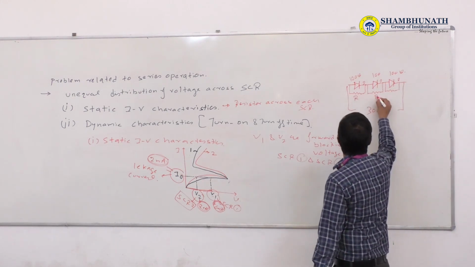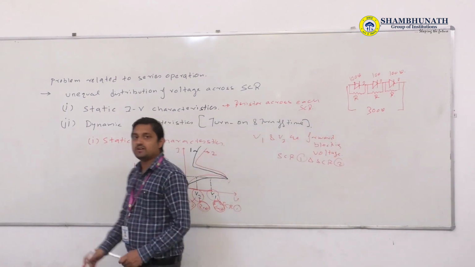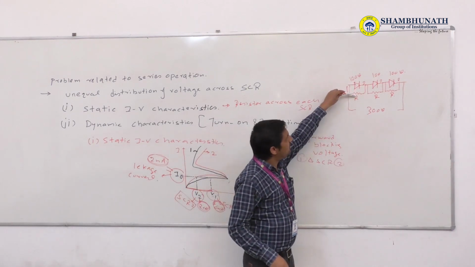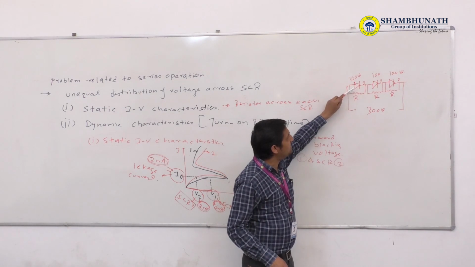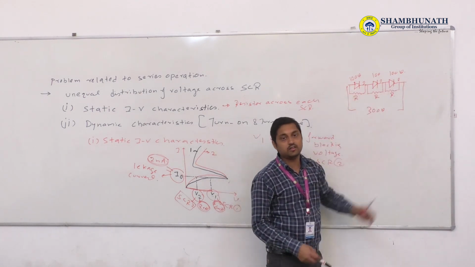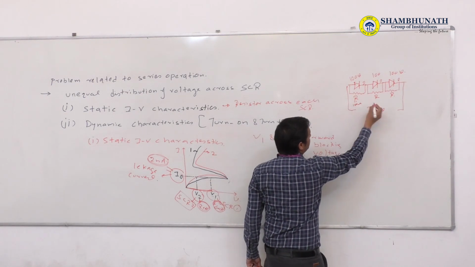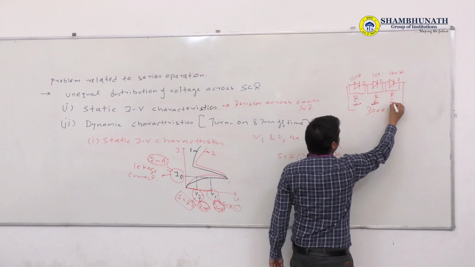This is R. Now the value of these resistors must be such that the equivalent resistance of the SCR and R is equal for all the SCRs. Suppose this is equal to 100 ohm, this is equal to 150 ohm, this is equal to 20 ohm.